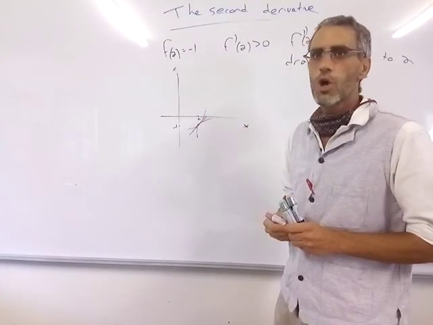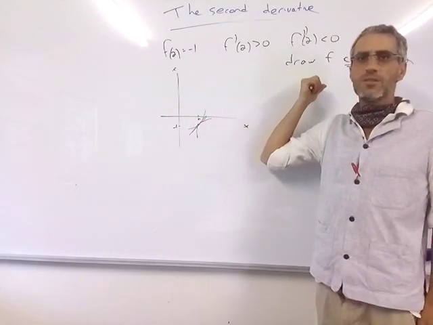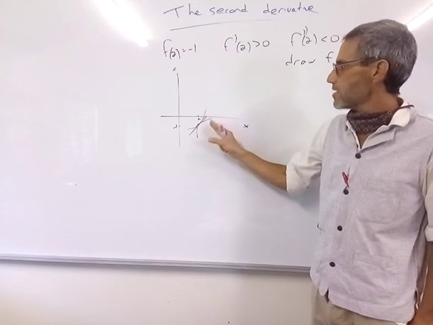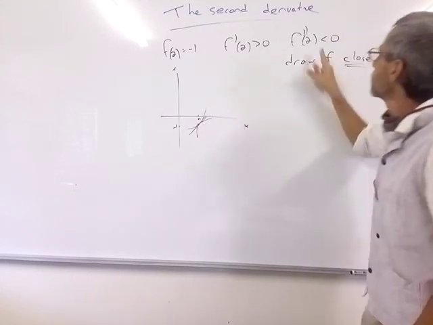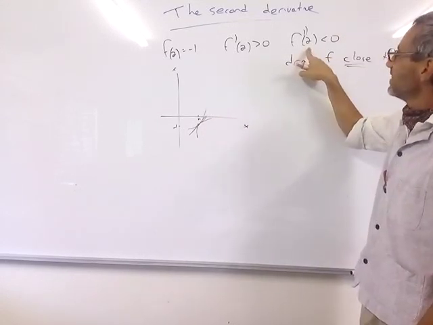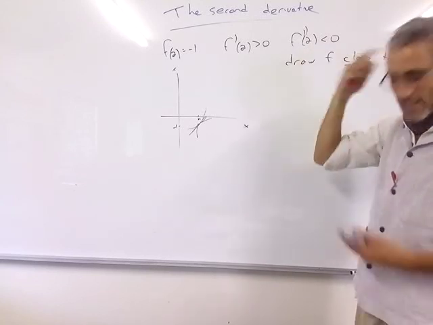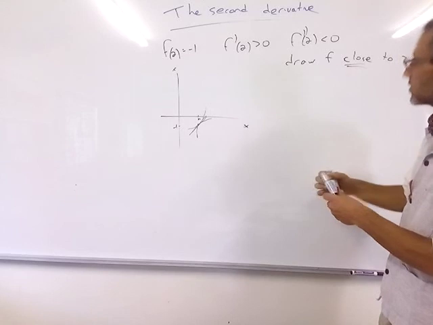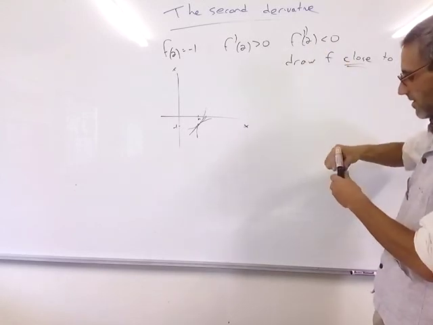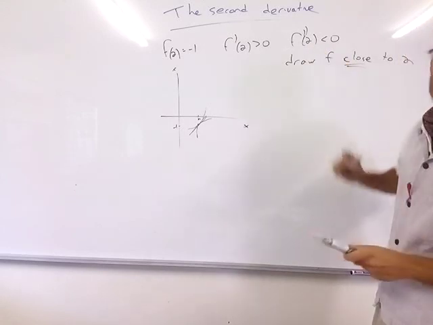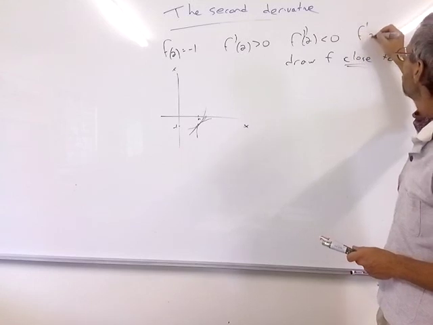That's why we need the second derivative. At this point we have three possibilities, and we need to choose. The second derivative is negative. So you have to ask in the back of your mind: the second derivative tells you something about the first derivative.